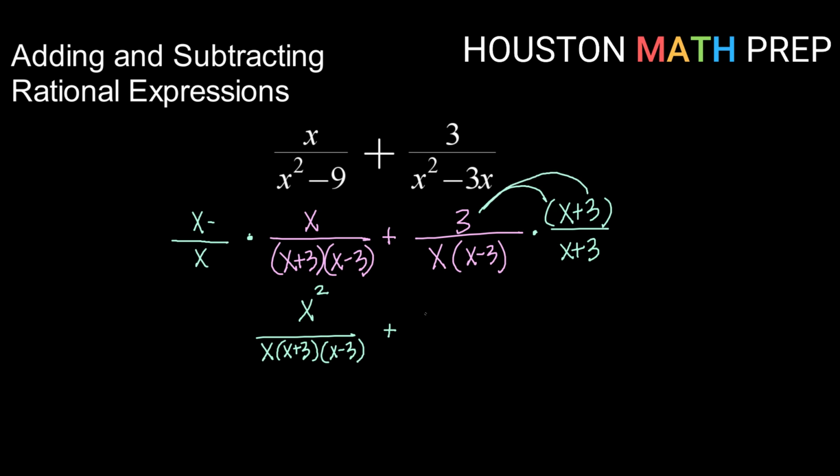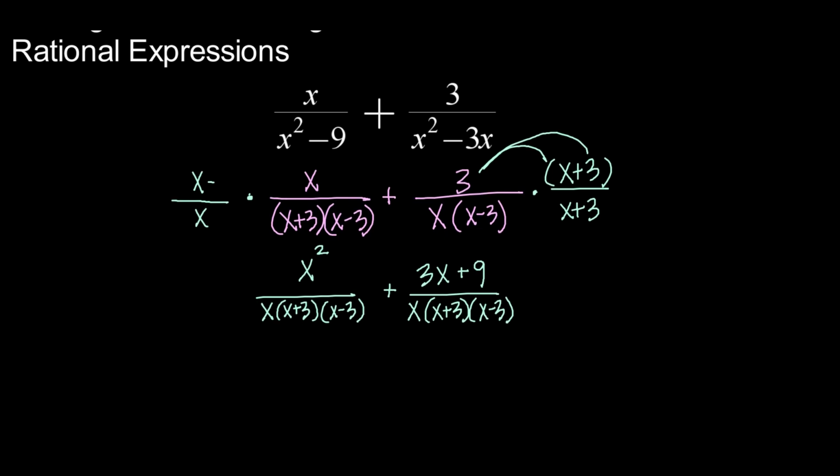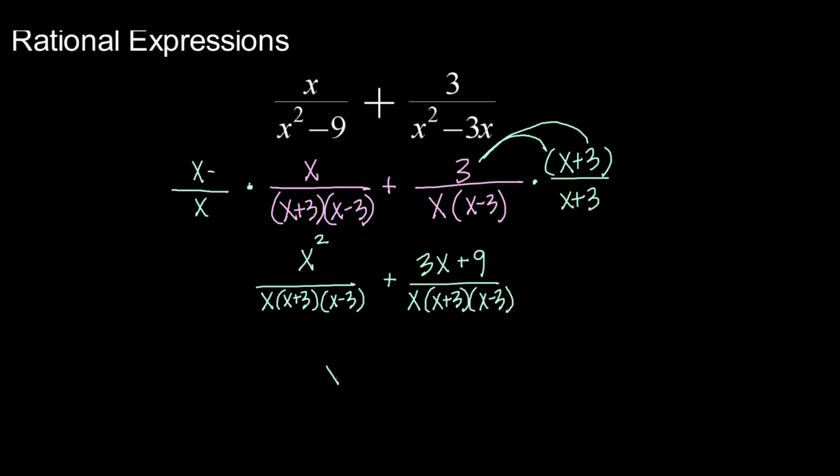So x times 3 is 3x, and 3 times 3 is 9. So x times x plus 3 times x minus 3. All right, so now I can see that I do have a shared denominator, a common denominator of x times x plus 3 times x minus 3.